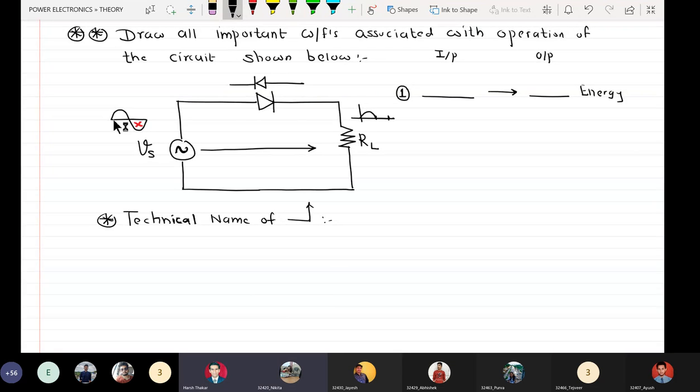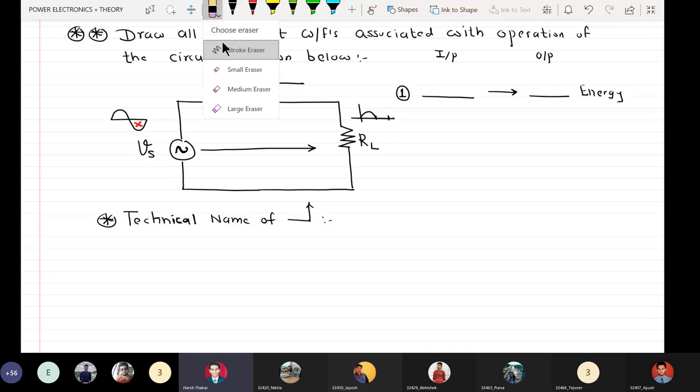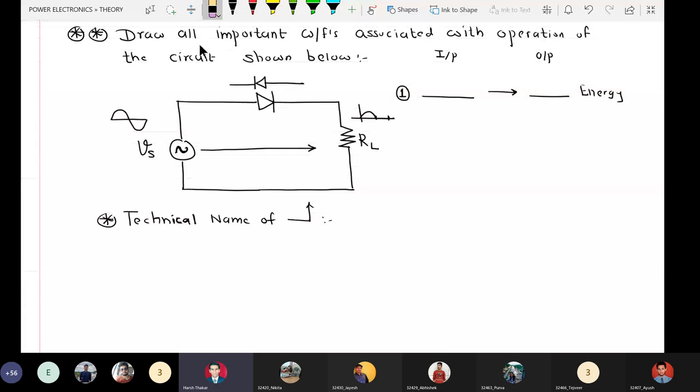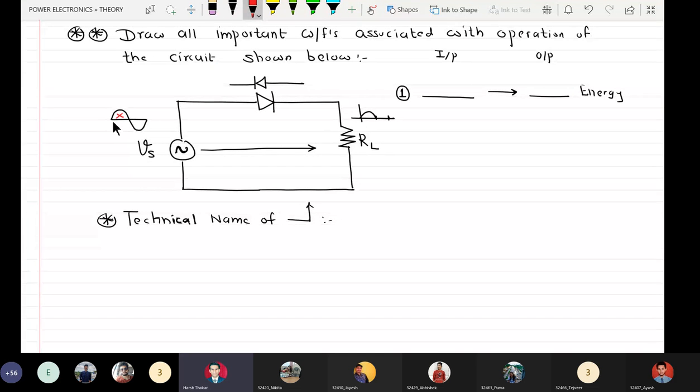Positive. Yes. So now in this case, I can say that negative will be sent, positive will not be sent. So when you reverse the direction of diode, you say that negative or positive cycle has been controlled. So we need to have proper understanding.